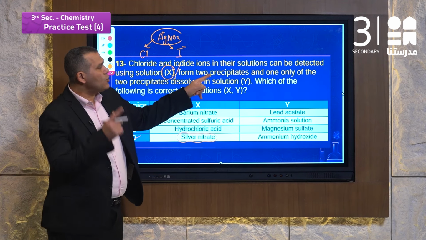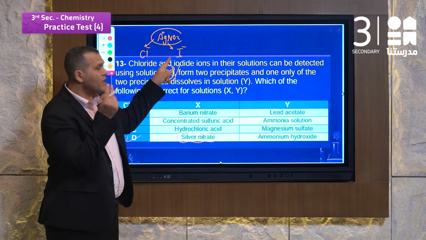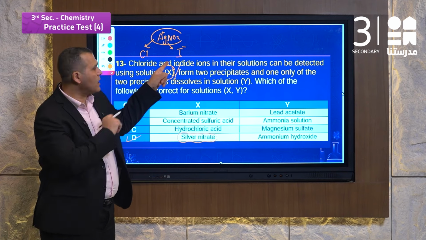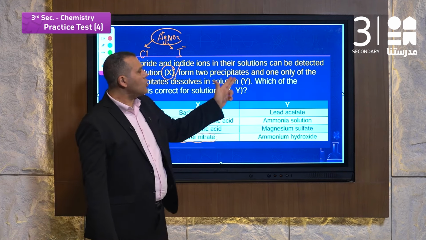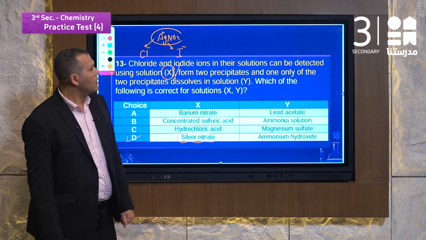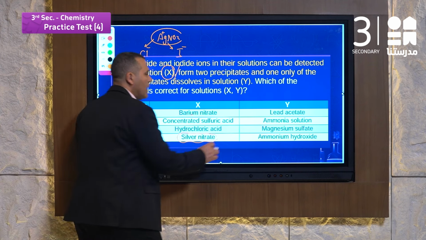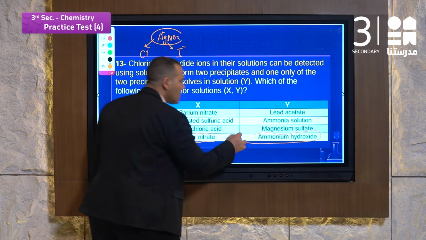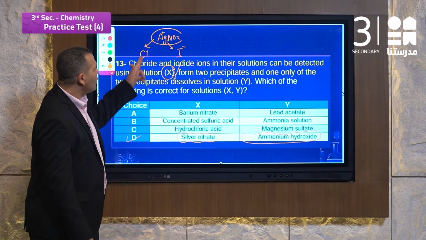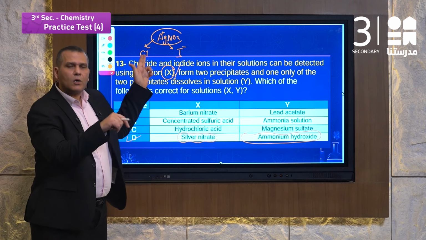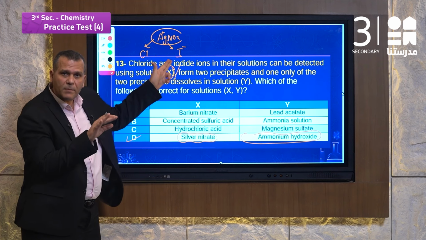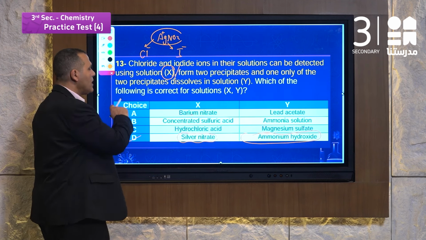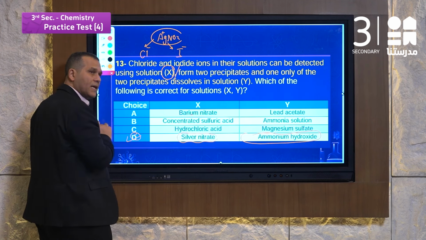Two precipitates form, and one of the two precipitates, silver chloride and silver iodide, dissolves in solution Y. Then solution Y is ammonium hydroxide, as silver chloride, a white precipitate, dissolves in ammonia solution, while silver iodide, a yellow precipitate, is insoluble in ammonia solution. We confirmed that this is our correct answer.